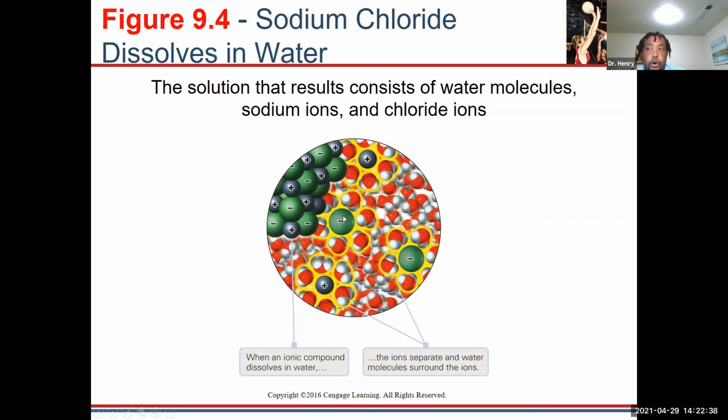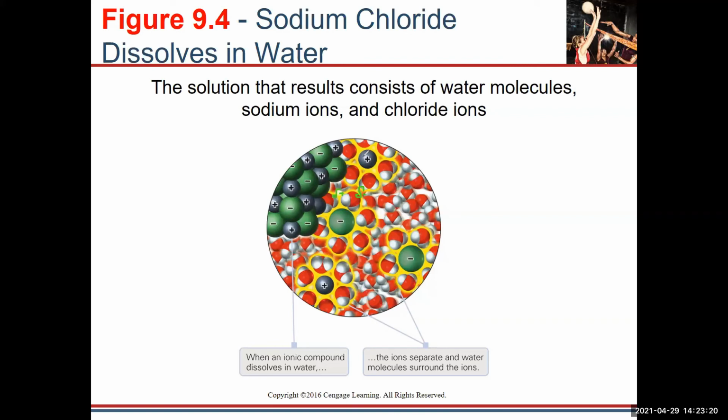So your hydrogens are oriented towards your chlorine because, when we talked about polarity, this guy's going to be partially positive, and this guy is going to be partially negative, the oxygen. So your partially positives are going to orient towards the negative charge, right? Because positive and negative attract. And then your oxygen is going to orient towards the sodium because it's positively charged. Does that make sense?